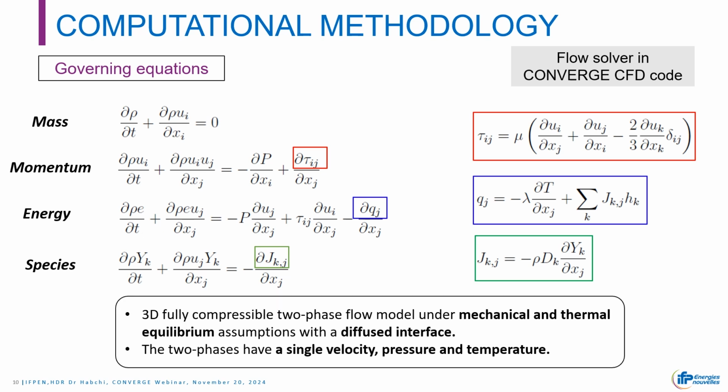This model is a fully compressible two-phase flow model under mechanical and thermal equilibrium assumptions with a diffused interface. This means that the two phases have a single velocity, pressure, and temperature.